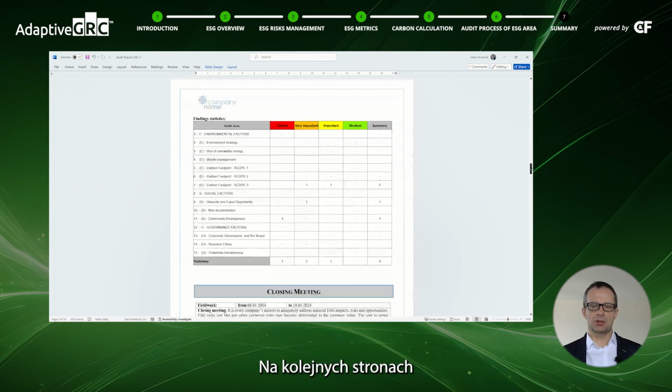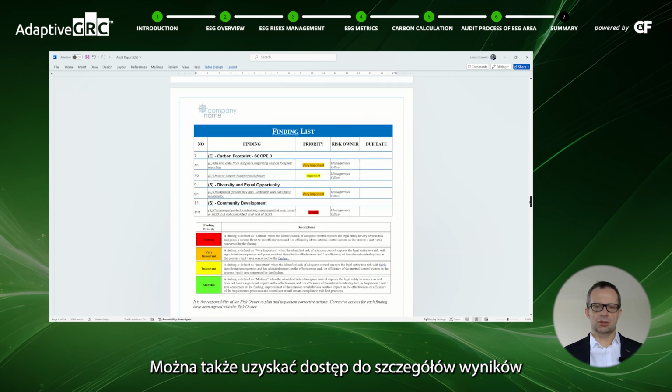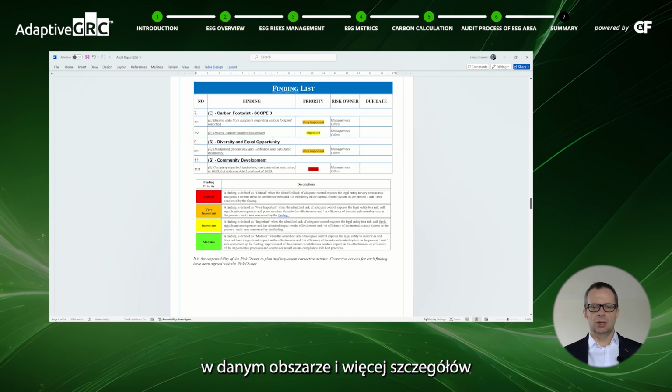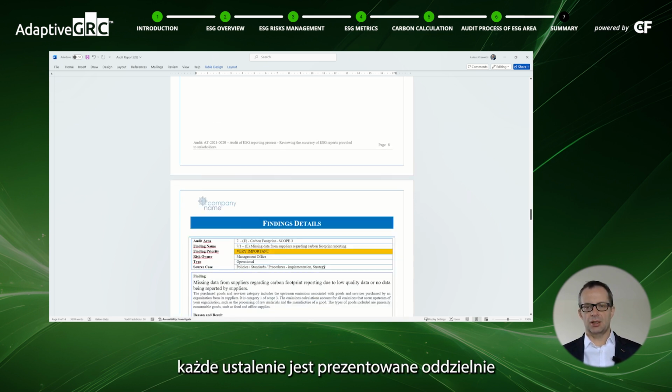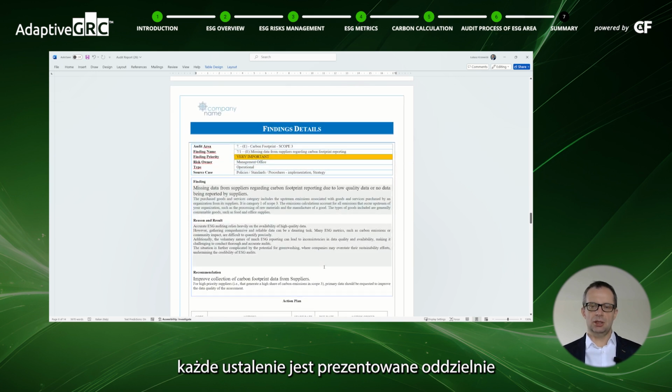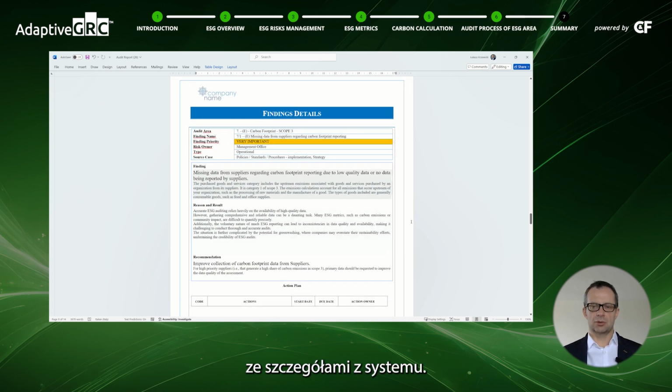On the next pages, there are details regarding the ESG findings identified. You can also access finding details per area and, furthermore, details with finding criticality levels. Also, each finding is presented separately with details from the system.